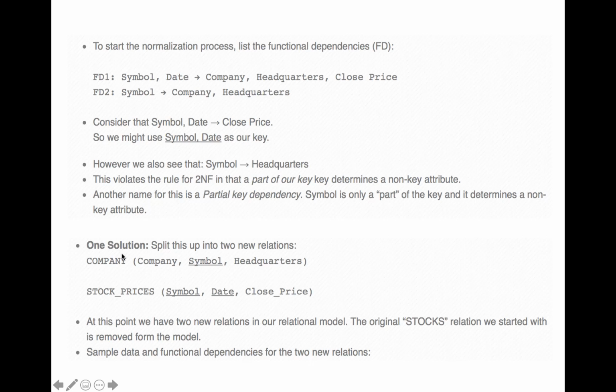As we said before, the solution is to split it vertically. So we're going to have two relations. Since symbol defines company and headquarters, we put a table that contains symbol, company, and headquarters, and another table that contains symbol, date, and close price.